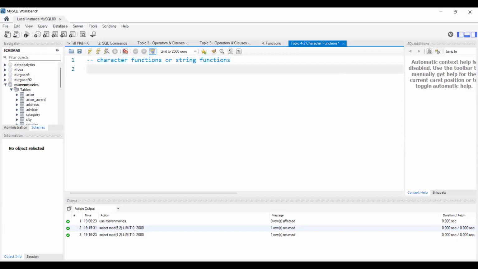Basically, the functions which we use on character data are called string functions.